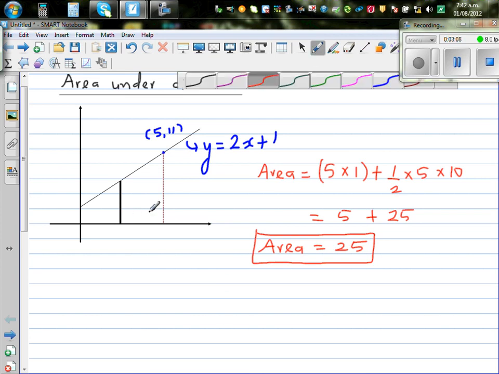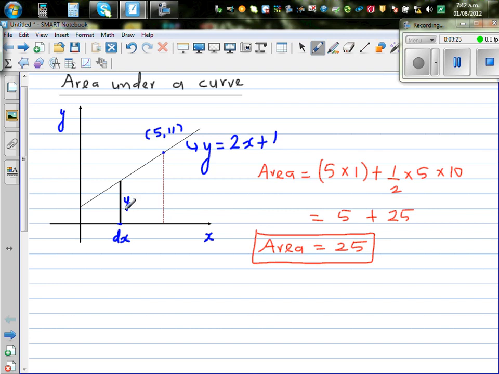This is an infinitesimally small rectangle. Okay, so this is your x-axis and this is your y-axis. So your width here is dx, which is infinitesimally thin, and your height is y.